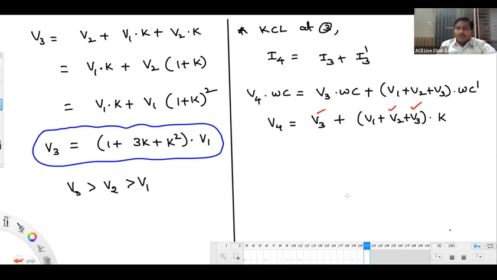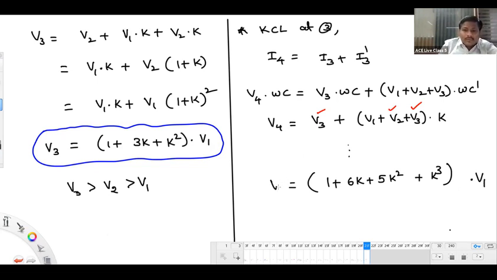After doing that, you get some resultant equation multiplied with V1. What is that resultant equation? It is 1 plus 6k plus 5k square plus k cube into V1. This is disk number 4 voltage.